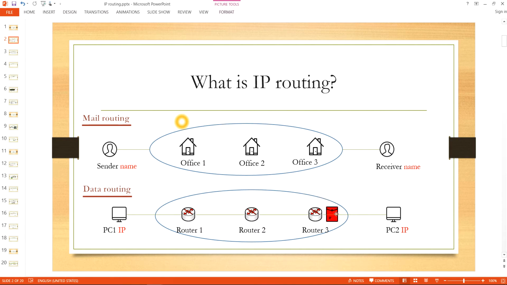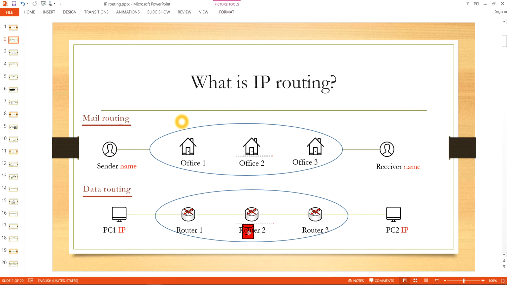Now router 3 is the gateway of PC2, and then the IP packet arrives at PC2 or maybe at the server. So again, this is the main concept of IP routing. We have routers, and the routers have what are called routing tables. The routing table tells them how to forward IP packets, where to forward.